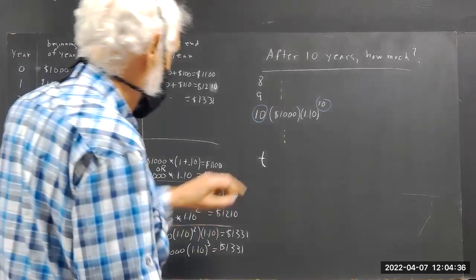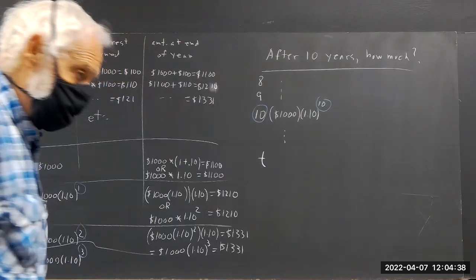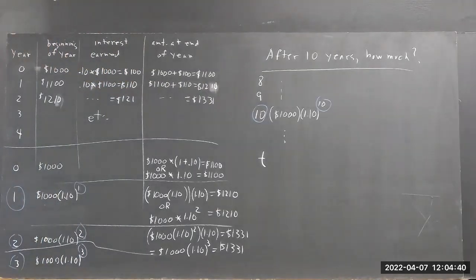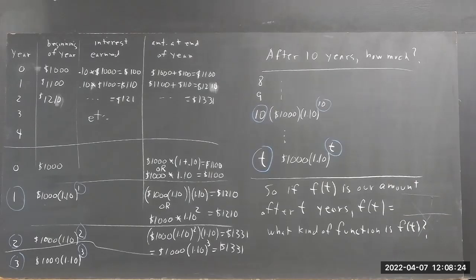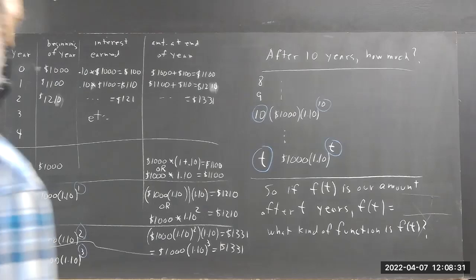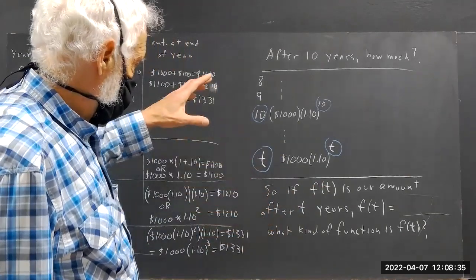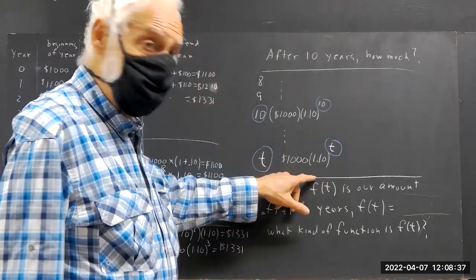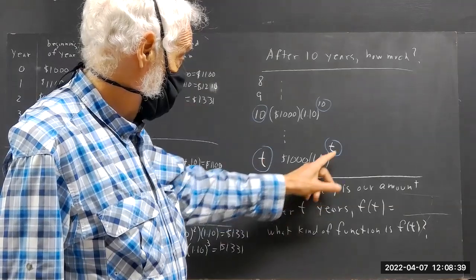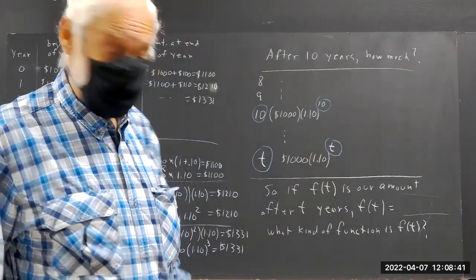So after t years, what's the expression for it? Okay. So again, we see that after t years, we've multiplied by 1.10 t times. So here's our amount.